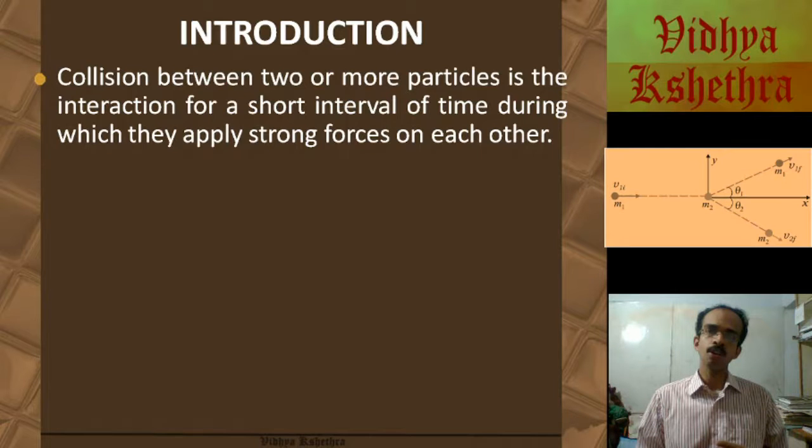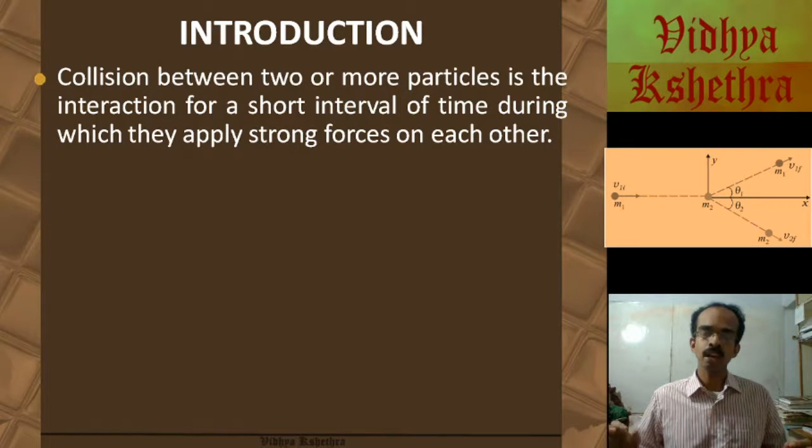Another example of collision is a road accident in which two cars going head to head hit each other. Another example of planetary nature is a meteorite hitting a planet. That's also an example of a collision.